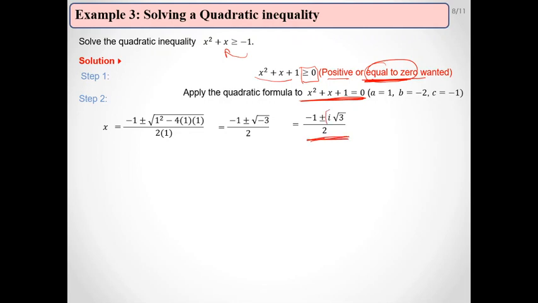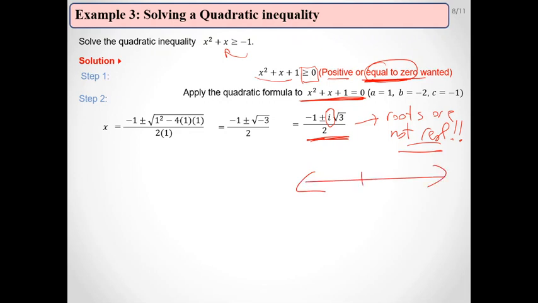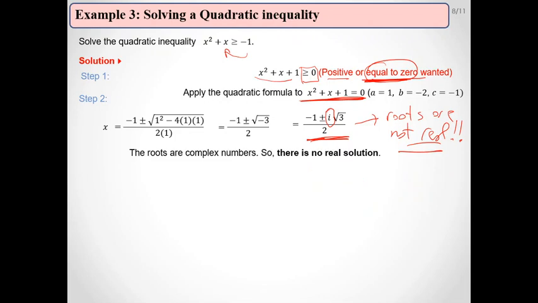Surprising. So we have i here, and the roots are not real numbers. Not real. So if they are not real, you cannot put them here. You cannot do anything. So in this case, what will you do? In this case, the roots are complex numbers, so there is no real solution for this one.